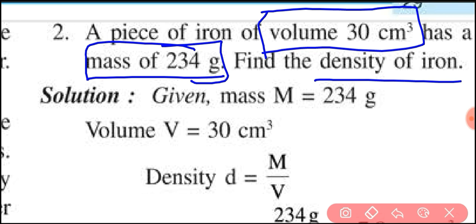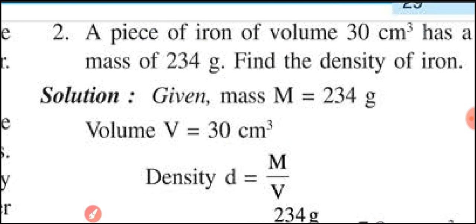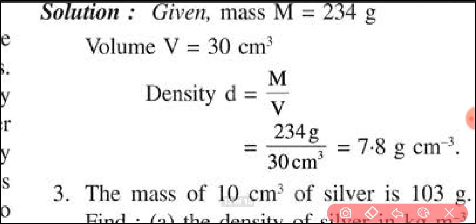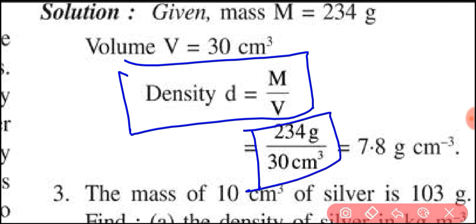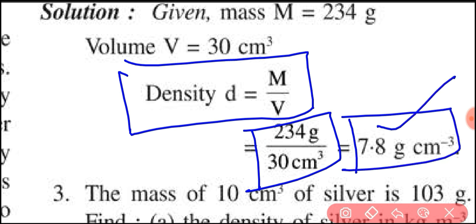Volume is given here in centimeter cube, mass is given here in gram. Then we can write, given that mass M is equal to 234 gram, volume V is equal to 30 centimeter cube. We know the equation, that is density D is equal to m upon V. Substitute the values directly here in the formula, then we will get the answer by doing the calculation. We will get the answer 7.8 gram per centimeter cube.